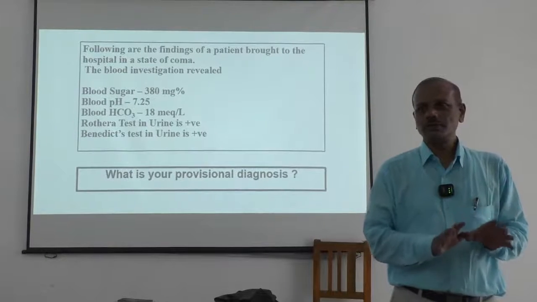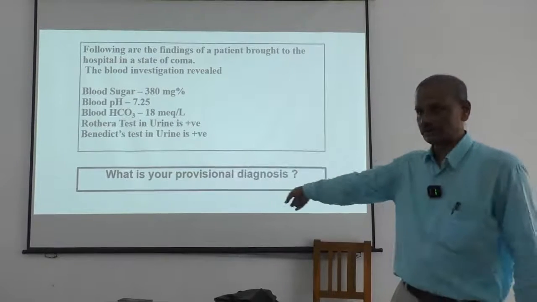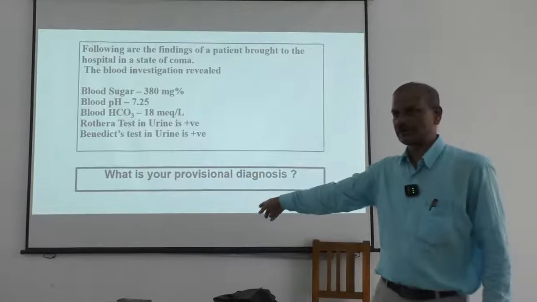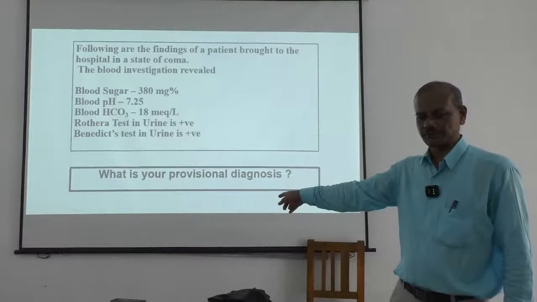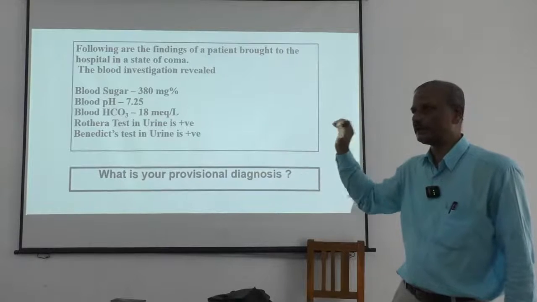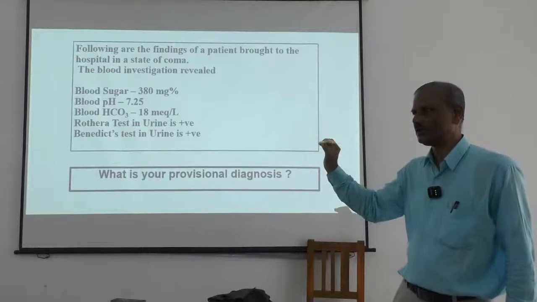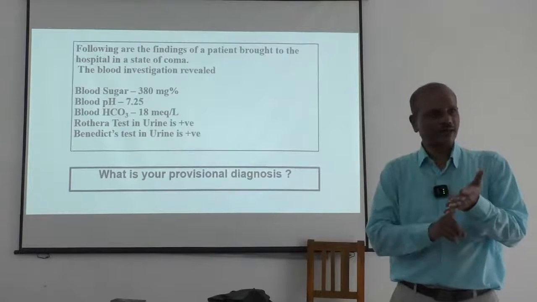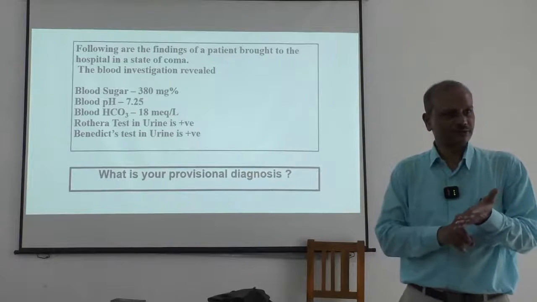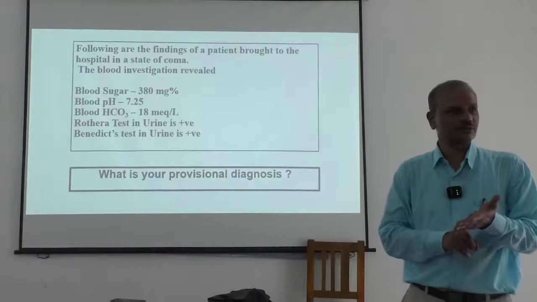Now, you will say, sir, what will happen in starvation ketoacidosis? What will happen if it is a starvation ketoacidosis? In both the conditions, either diabetic or starvation, ketoacidosis will be there.